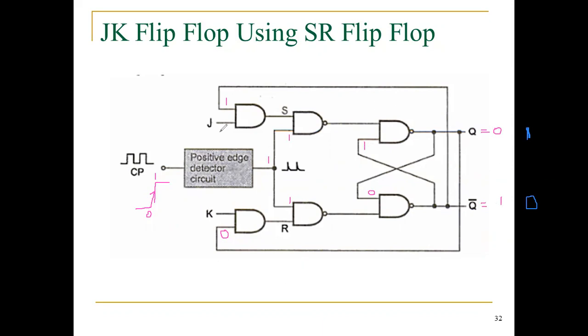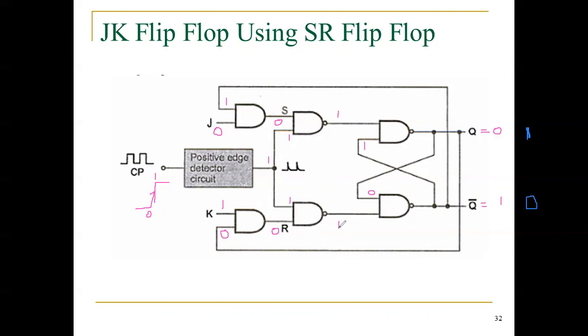Now I'm going to give my J input equal to 0, K input equal to 1. Please listen carefully. J equal to 0, K equal to 1. What will happen? According to this, one of the inputs of these two AND gates is 0. Hence the output will be 0 here, here also 0. Then since one of the inputs of these two NAND gates is 0, my output will be now 1 1.